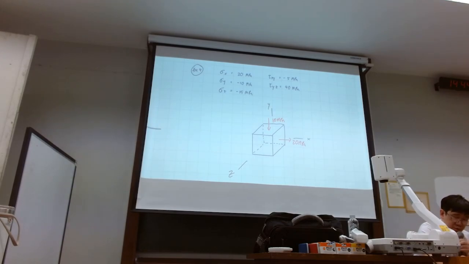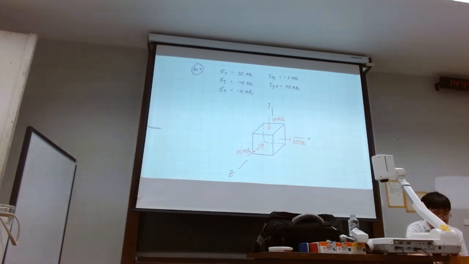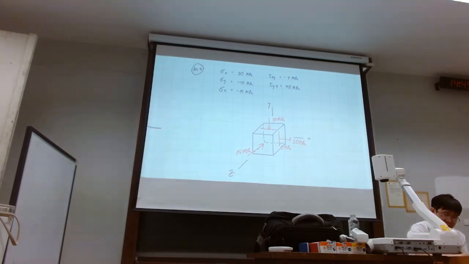Okay, so we have 20, minus 10 and minus 15. So it means that this would be 15 MPa going in. X, Y minus 5, so it means that this is going to be 5 MPa, and that means this would be another complementing 5 MPa.